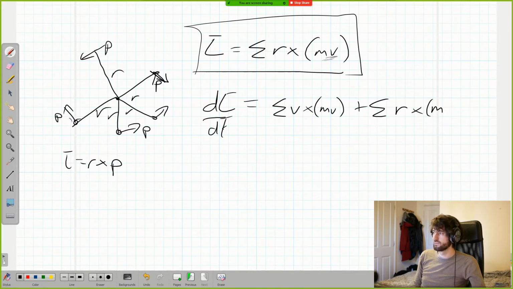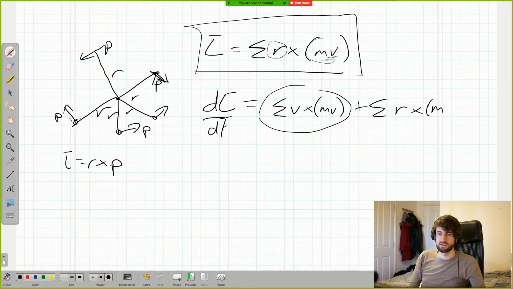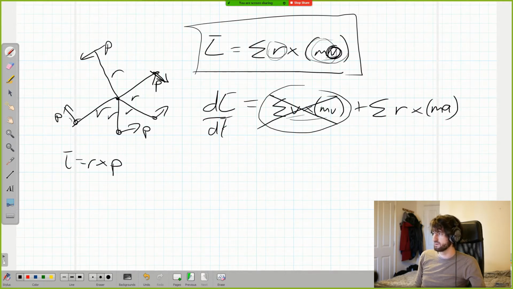To be clear, we differentiated this side and left this alone, and now we're differentiating this and leaving this alone. So we've got r cross m, and if you differentiate velocity, you get acceleration. This first term is 0, because if you cross v with itself, you get 0.